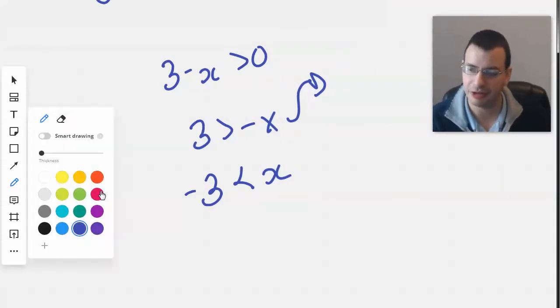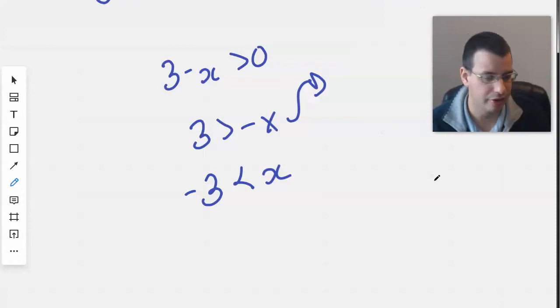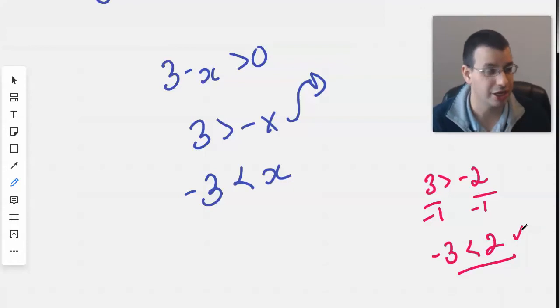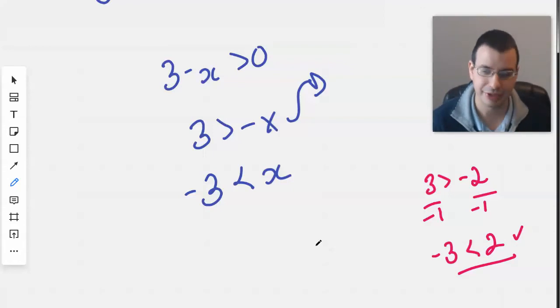In case you don't believe me, we have 3 is greater than negative 2. Divide both sides by negative 1, and we get negative 3 is less than 2. Check. True.